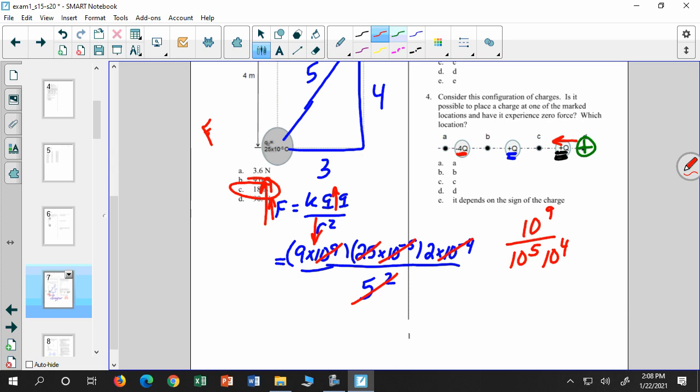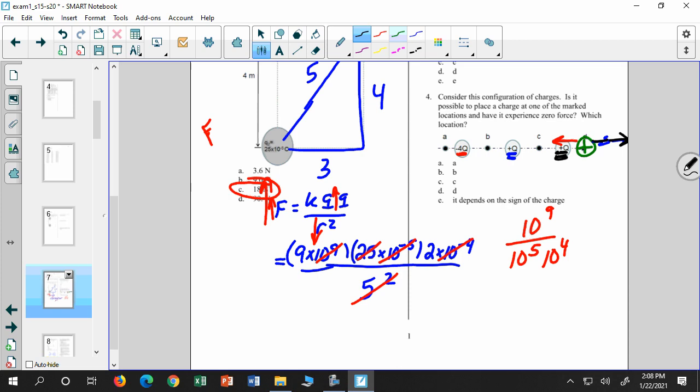Likewise, I have these two other charges that are small, but they're close, so they're going to be bigger. I don't know exactly what they're going to be, but they're going to be smaller than the red force because the charge is smaller, but they're going to be bigger because the charges are closer.